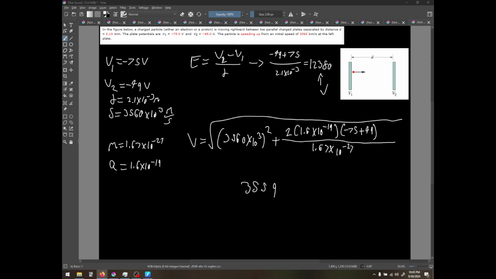This works even when you don't have constant acceleration. Direction of V squared.